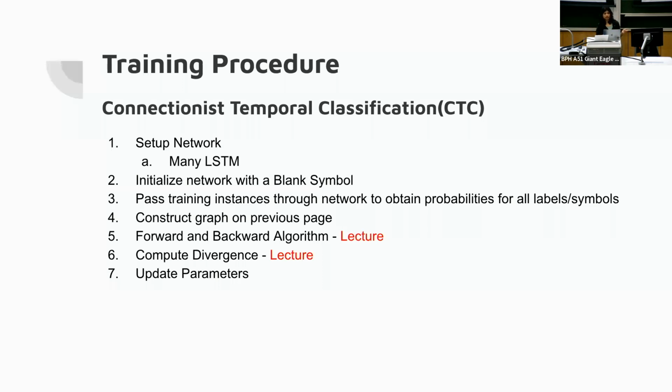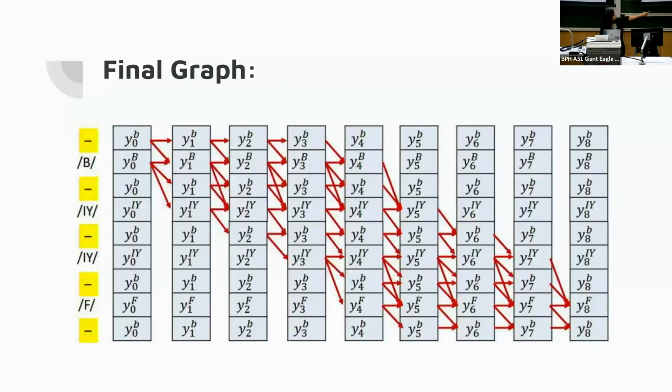This will be covered in the lecture, wherein you use this entire graph to calculate the probability of the entire sequence, and of all the sequences actually. There are two algorithms, Viterbi and forward and backward. Forward and backward takes into consideration all the sequences, and it uses dynamic programming to calculate all those probabilities in a more efficient way.